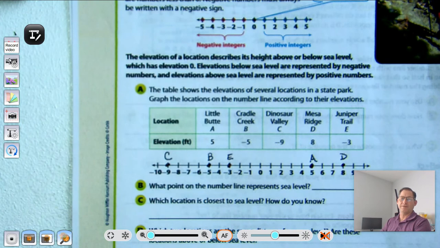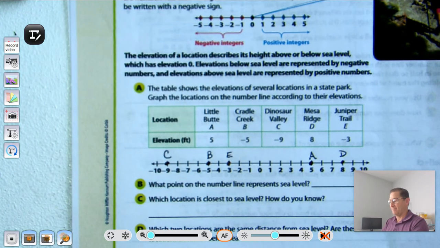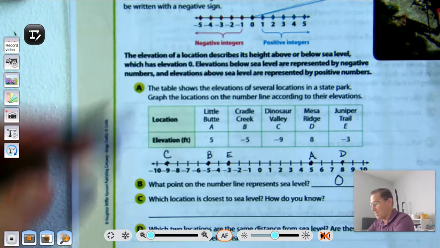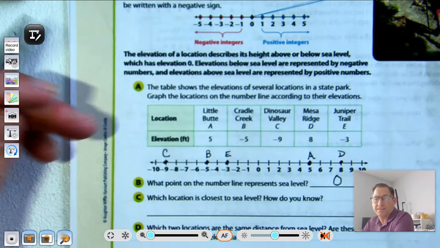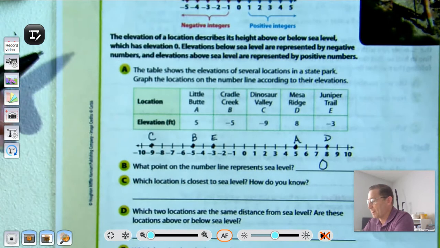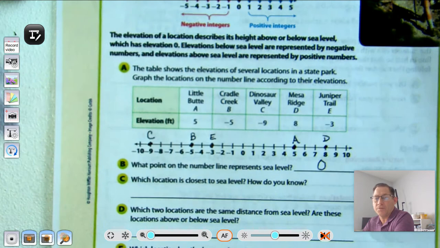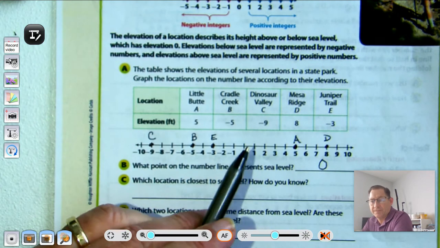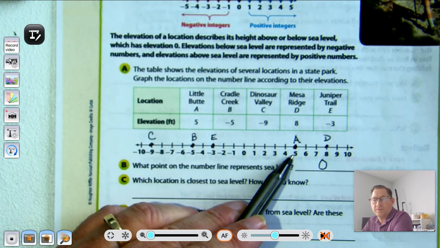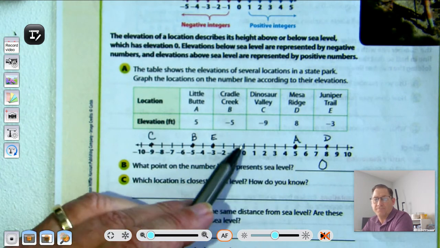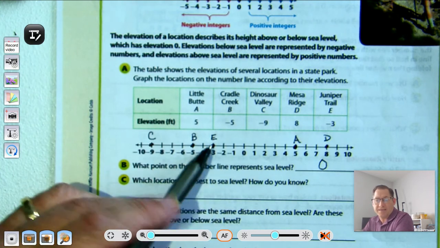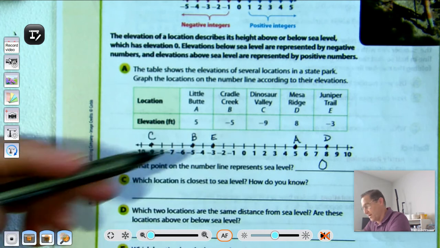So which point on the number line represents sea level? 0. Which location is closest to sea level? And how do you know? Well, the closer we get to 0, the closer we are to sea level. Okay, so this point is 5 units away. This one is only 3 units away. So point E was Juniper Trail.